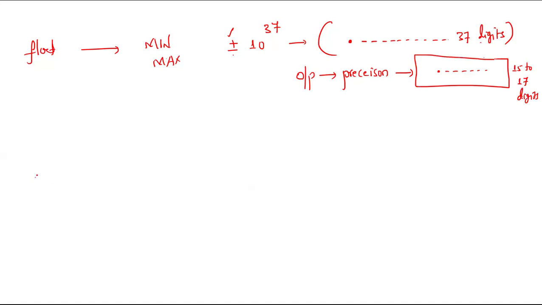Similarly, for double, the min and max values are plus or minus 10 to the power of something like 319. I may be slightly off here, but we can store up to some 300 digits in the decimal part.